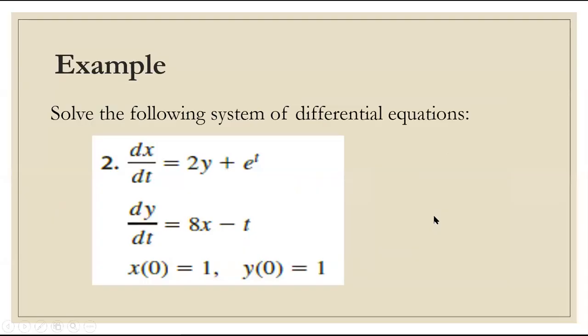Yes, doctor. Okay. So let us take the Laplace transform for all terms of both of my equations. First step is to take the Laplace transform for all terms of your equation.